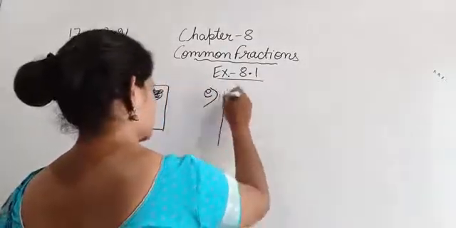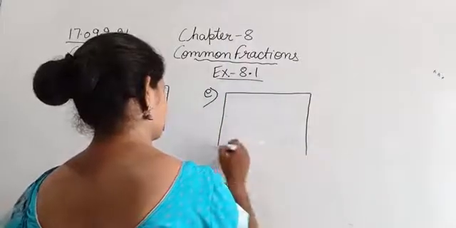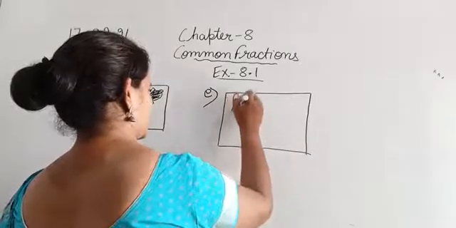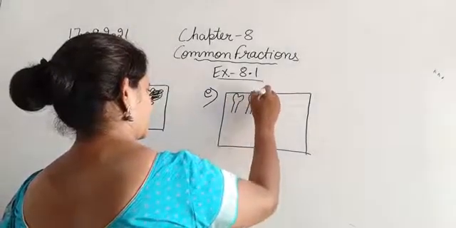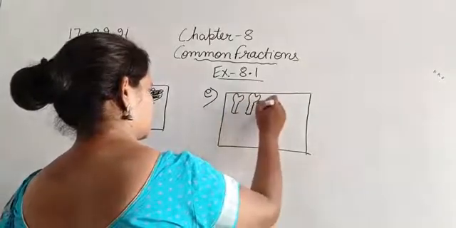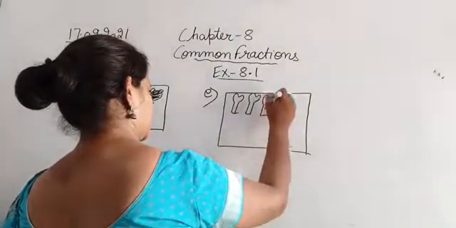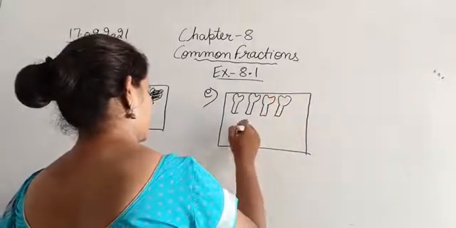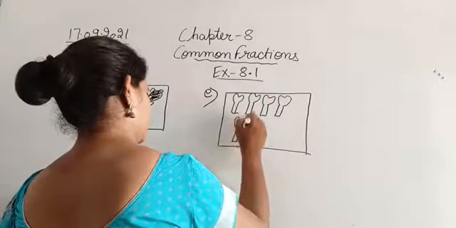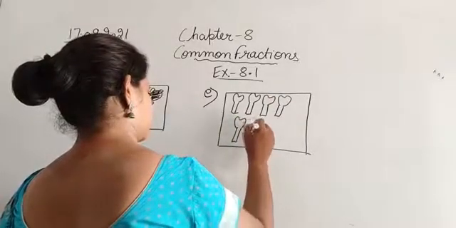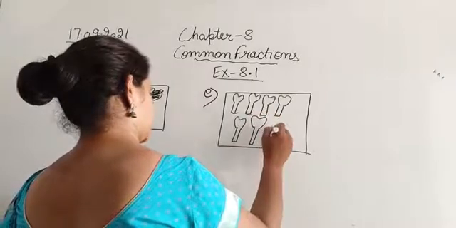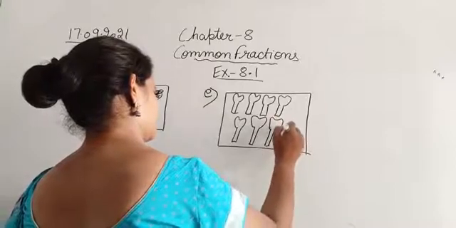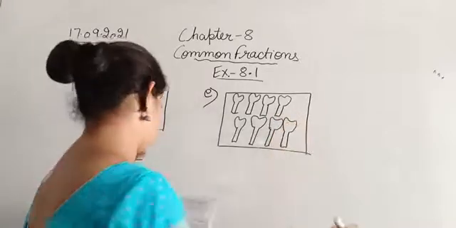Okay, so the E is 1, 2, 3, 4, 5, 6, 7, 8.